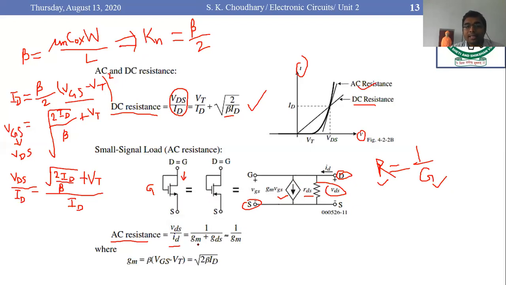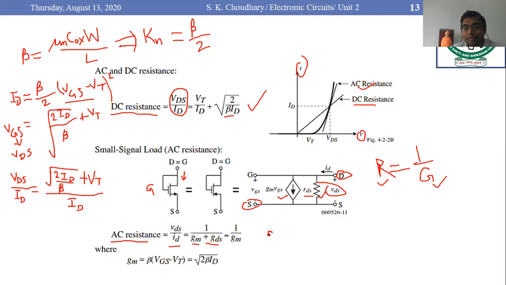So gm plus 1 upon RDS, that is gds, the conductance offered across the drain to source terminal. So this is the final AC resistance value, 1 upon gm plus gds.